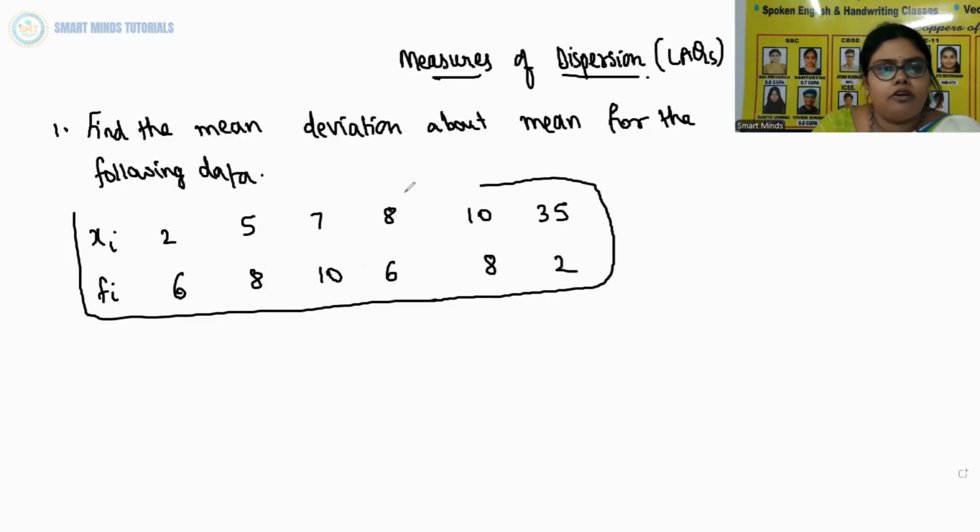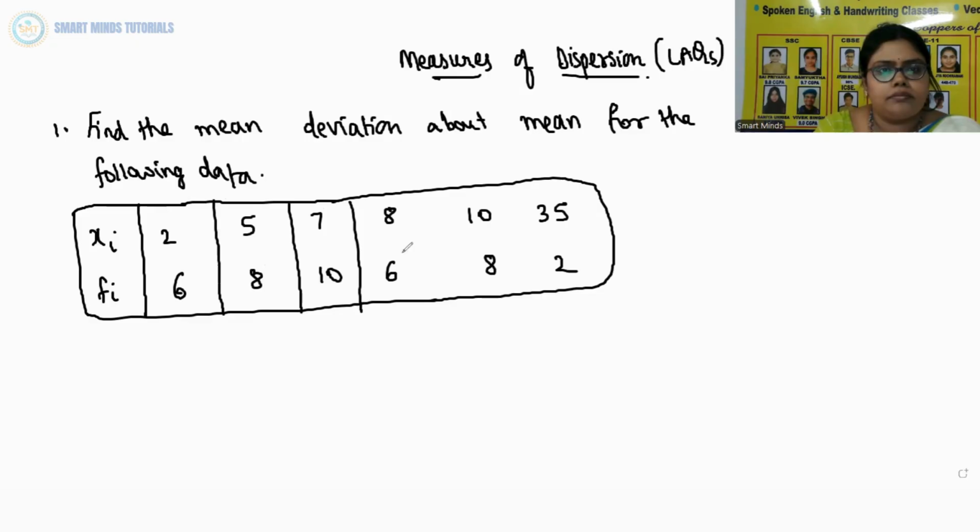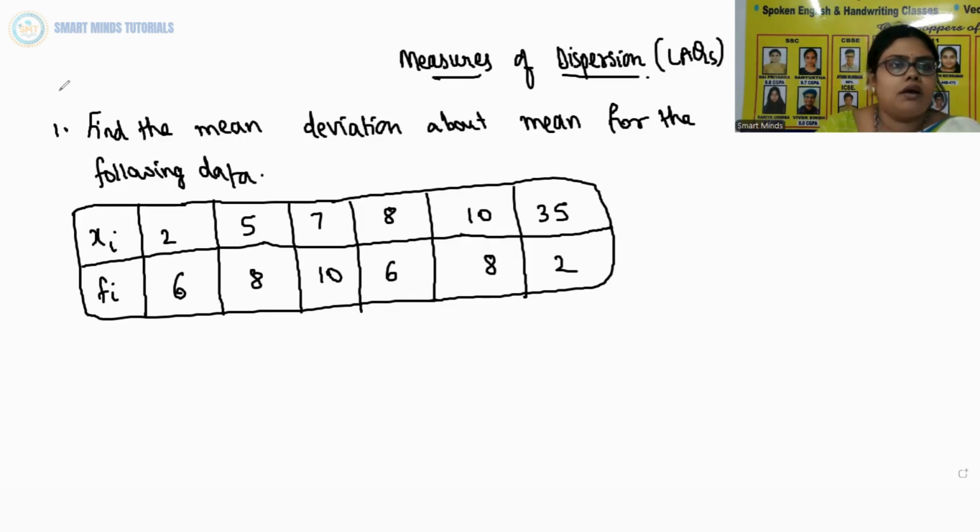We need to find out mean deviation about mean. Now let's see how to solve this question.